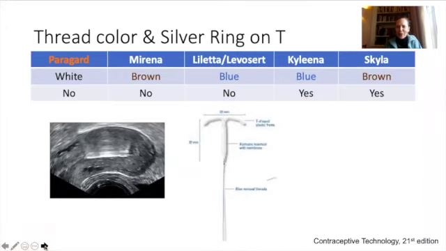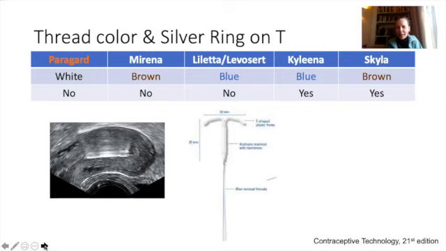Another difference between these devices when we're looking at how we can style them has to do with the colors and the additional detailing. And so you can see here that they have different colored threads. Paragard has white threads, Mirena has brown threads, Liletta and Levocert and Kyleena all have blue threads, Skyla has brown threads. Paragard is very easily seen on ultrasound.